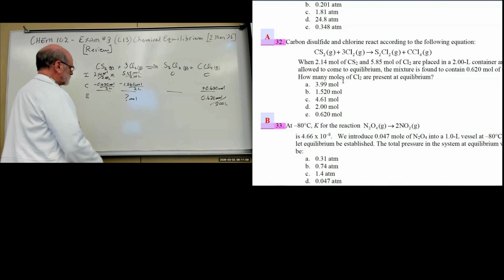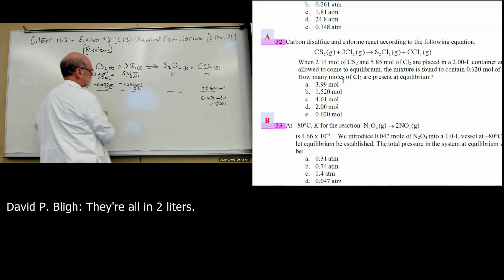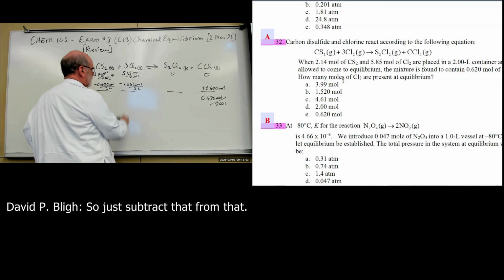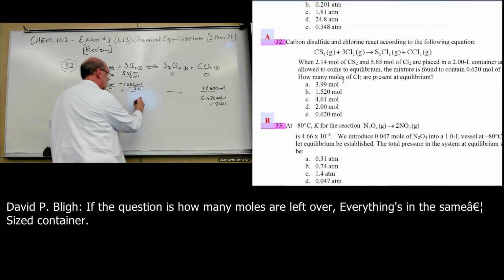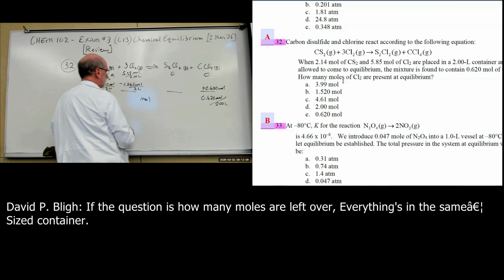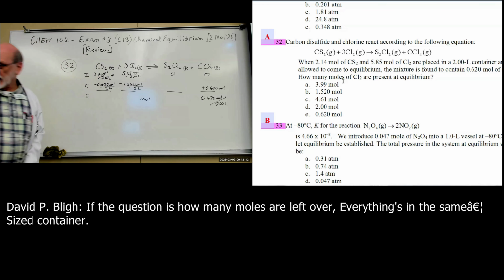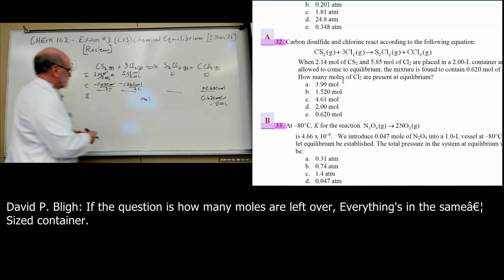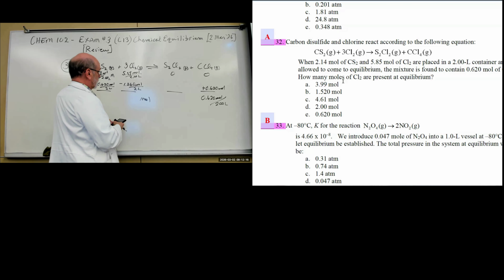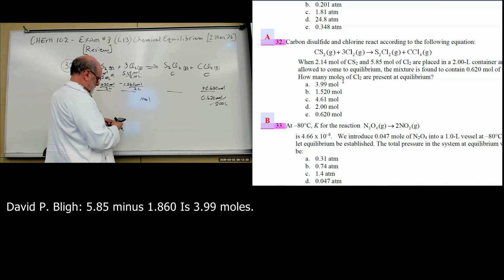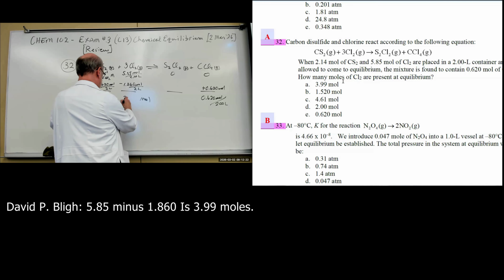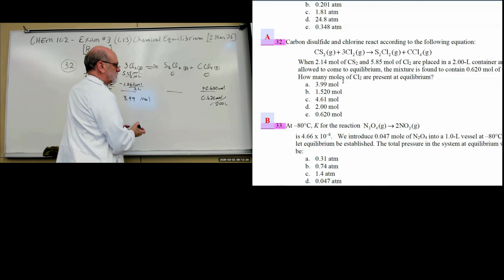They're all in 2 liters, so just subtract that from that. If the question is how many moles are left over, everything's in the same size container. 5.85 minus 1.860 is 3.99 moles.